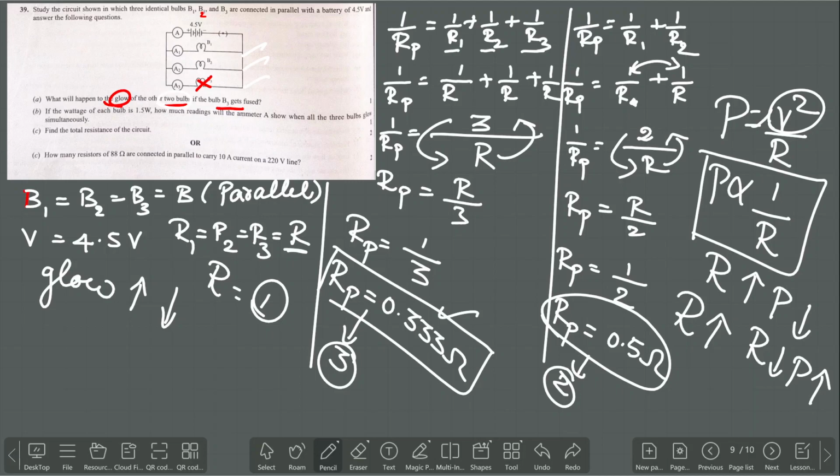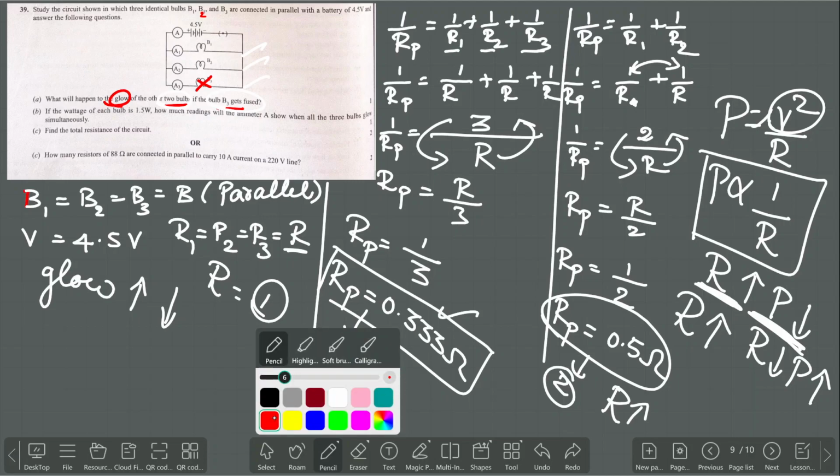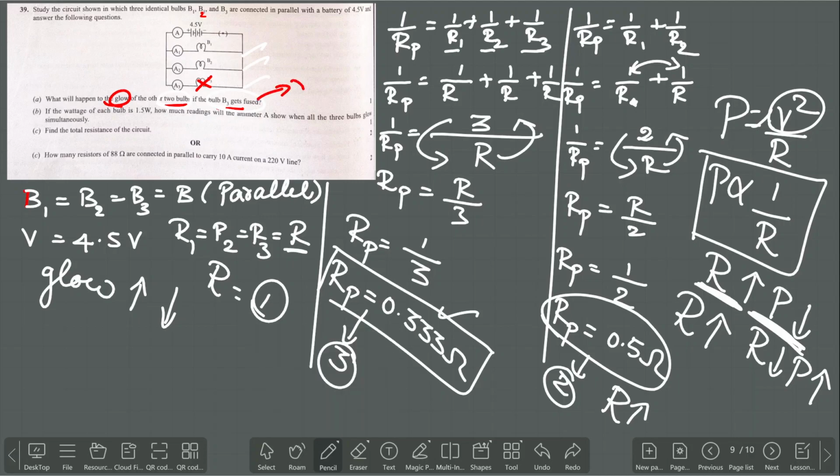That means if one bulb is not working, the resistance is getting increased or decreased? Resistance is getting increased. If resistance is getting increased, the power will increase or decrease? Power will decrease. So what will happen to the glow over here? The glow will get reduced, or you can say that the glow will get decreased.